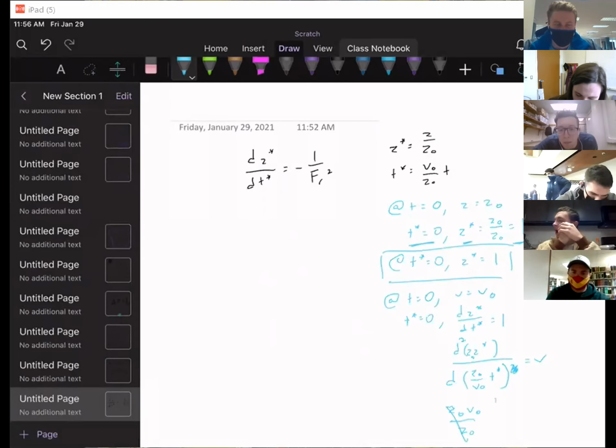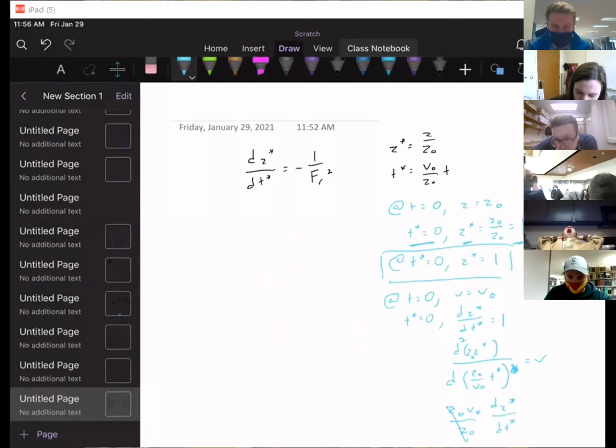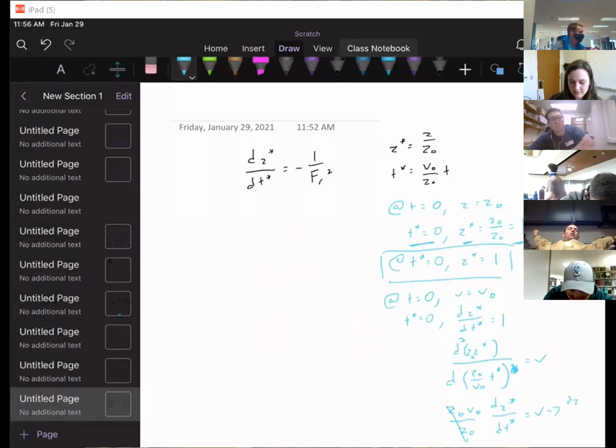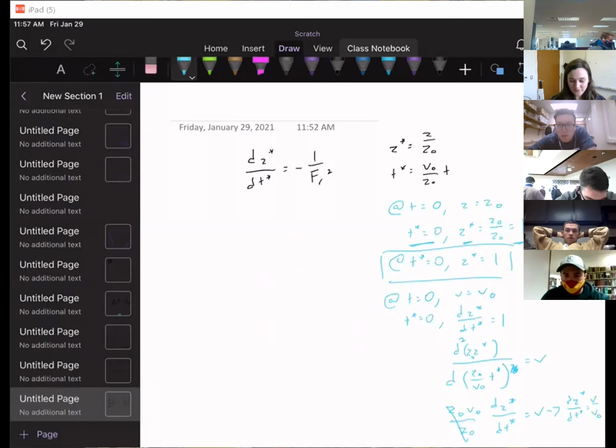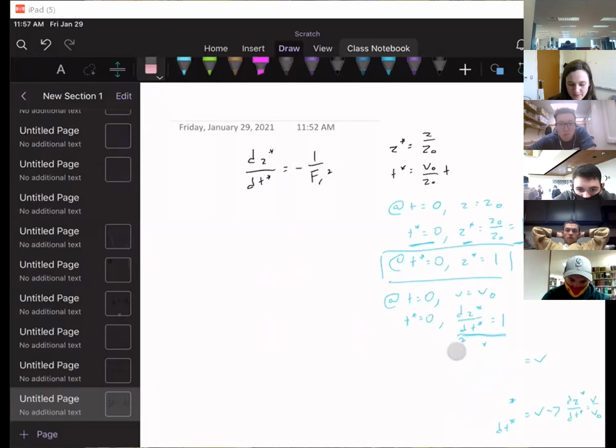Okay, so v naught times dz star dt star is equal to v. So that means that dz star dt star is equal to v over v naught. Anyway, so when v is equal to v naught, that just means that dz star dt star is equal to 1. That is all of that meant.